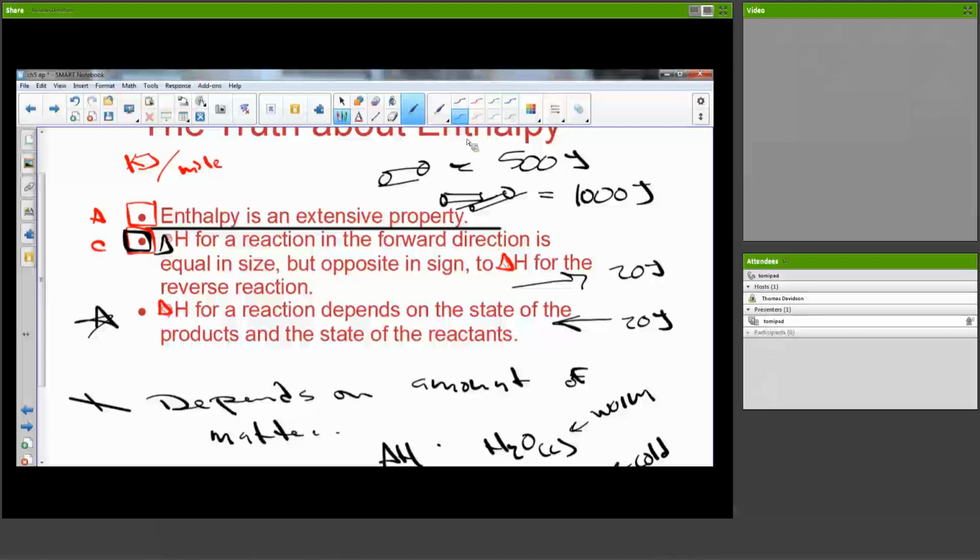All right. So, for example, water is in a river and it's just flowing and it goes over a waterfall. In order for me to pump the water back up, I have to put in the exact same amount of energy it gave off when it fell down, right? You with me on that?